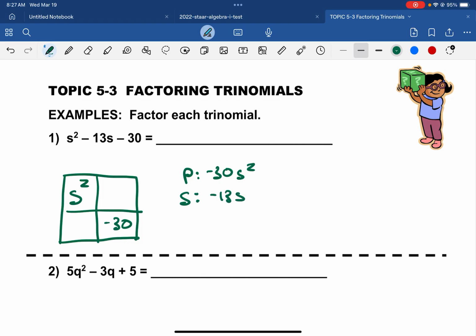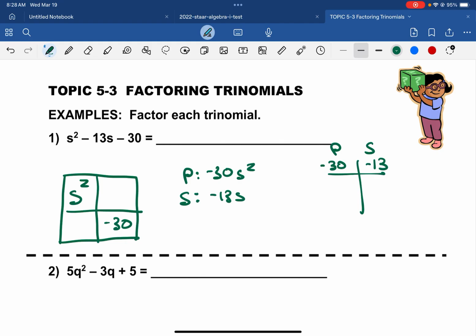So I'm thinking about two numbers that would multiply and give me negative 30s squared and add to give me negative 13s. Obviously they both have s in it, so I just want to focus on the numbers. So negative 30 is my product, negative 13 is my sum, product and sum, multiply and add.